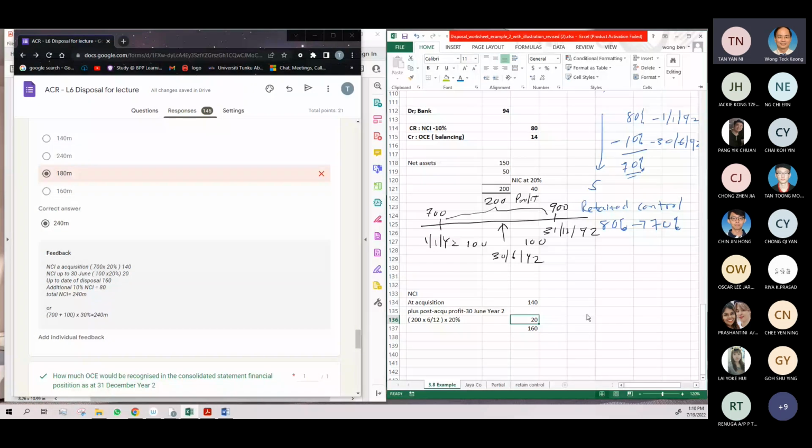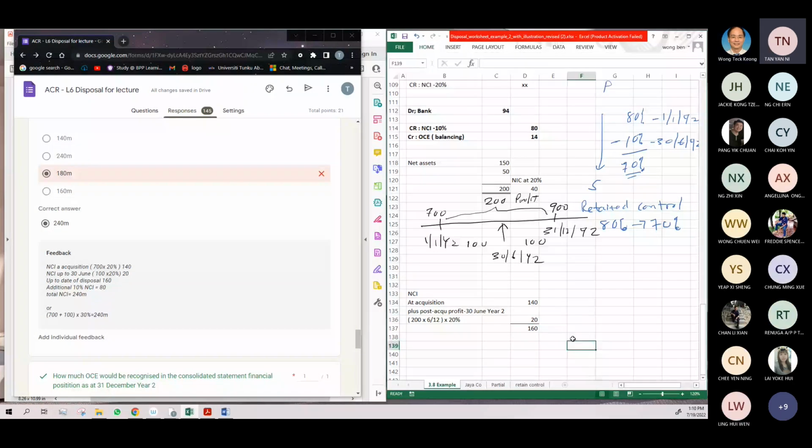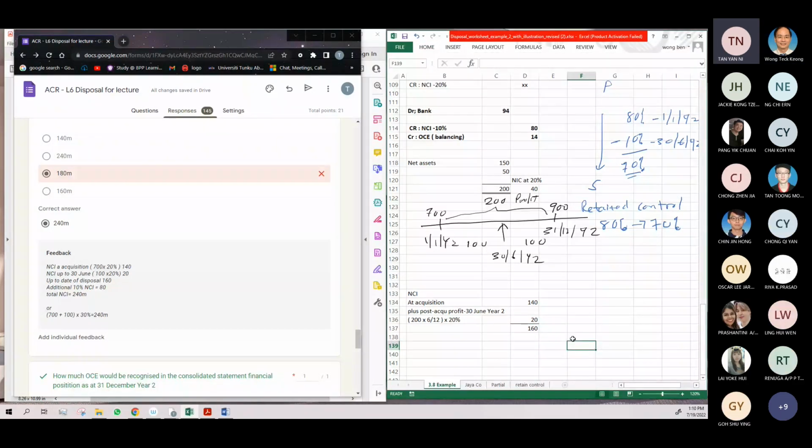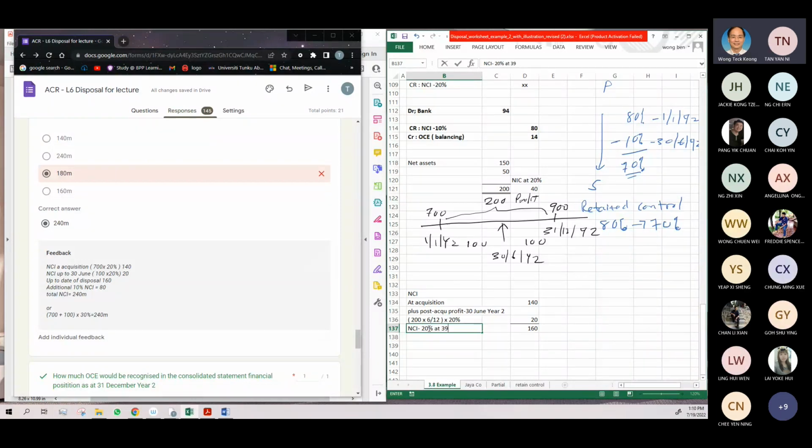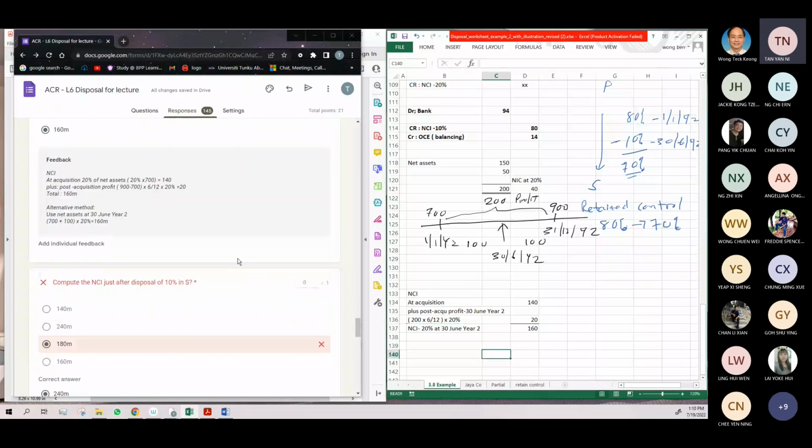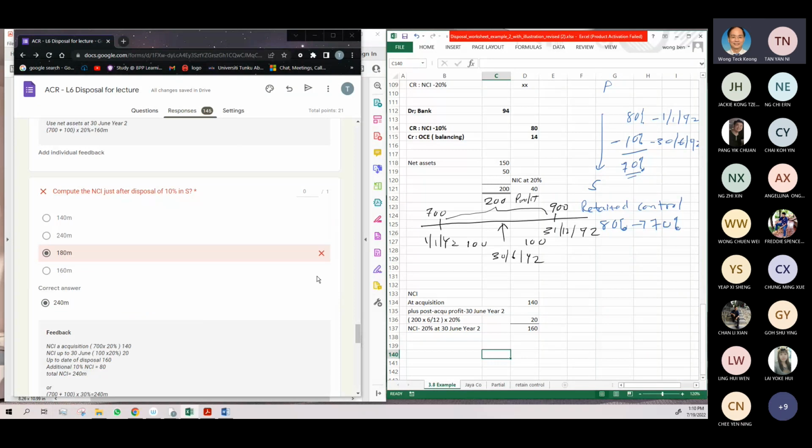So up to here, Jackie, understand? So this is the NCI 20% at 30th June year 2. Okay. So this is before disposal. So after disposal, NCI, disposal means the parent disposes.